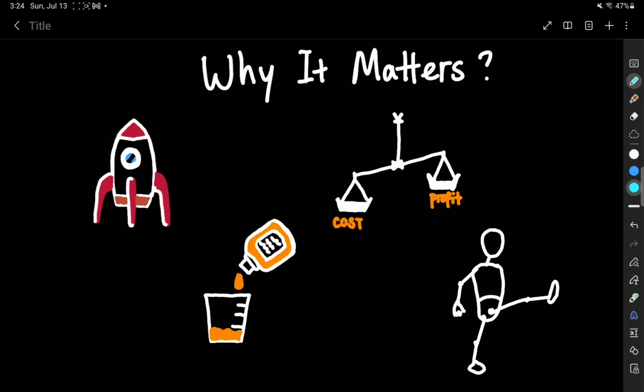You might be wondering, why does it matter? We are not using calculus in our daily life. But actually, calculus is used everywhere. In physics, we use calculus to launch the rocket. In medicine, we use it to calculate the drug dosage.